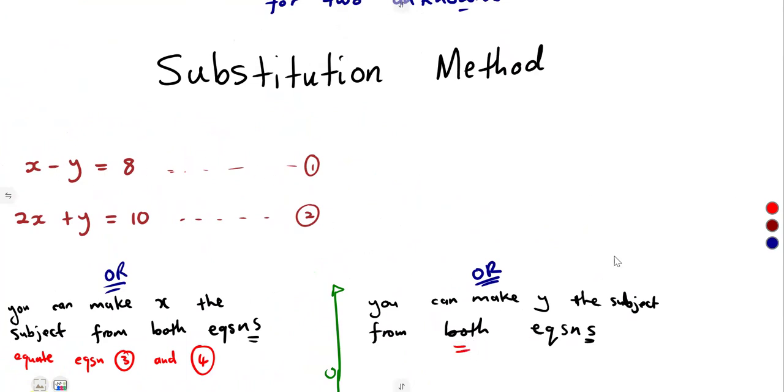Remember, from both equations. X minus y is equal to 8. So I want to make y the subject. This is negative. So it's going to be negative y is equal to x to the other side is going to be negative. So you can write it as 8 minus x. You took it to the other side. So it's going to be negative. But this is minus y.